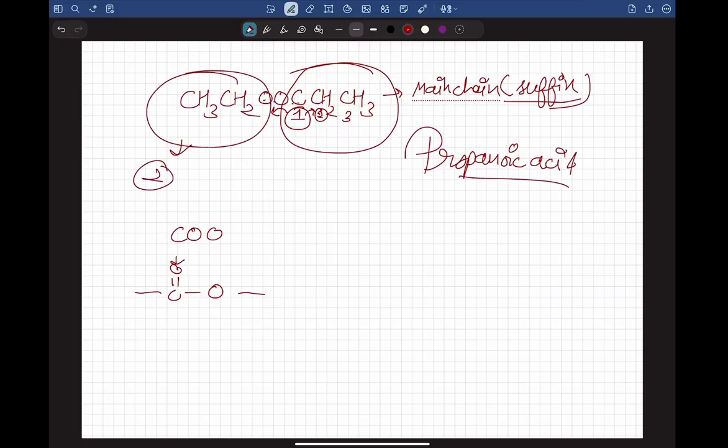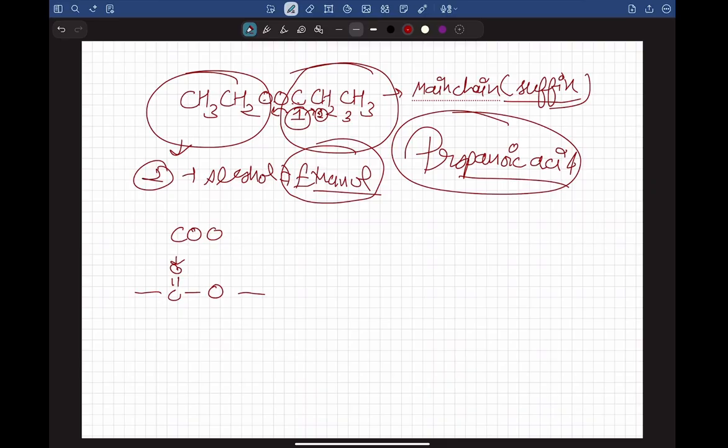There are only 2 carbons, then it must be alcohol. That is ethanol. You can call this ethanol. So you have identified the alcohol and the acid being used. Now, if they ask you the name of the ester, what will it be? Ethyl propanoate.